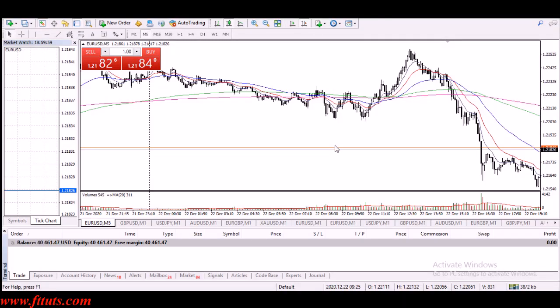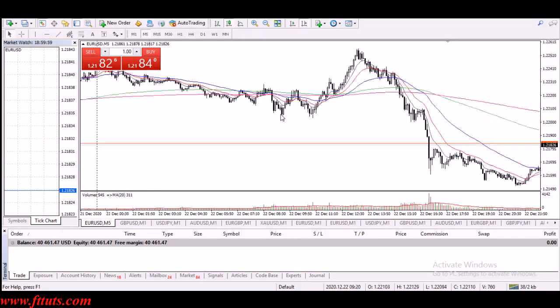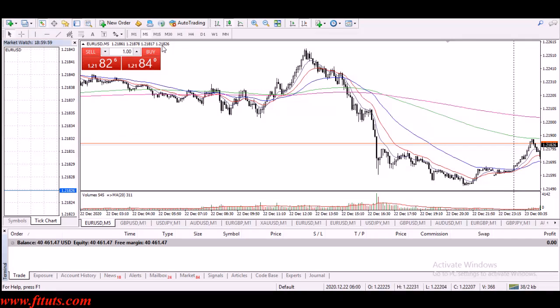What I want to make clear here is, for example, the EMA 200 on M1 would be like the EMA 50 on M5. You see it? Because here EMAs are calculated on 5 minutes basis, but there they are calculated on 1 minute periods.